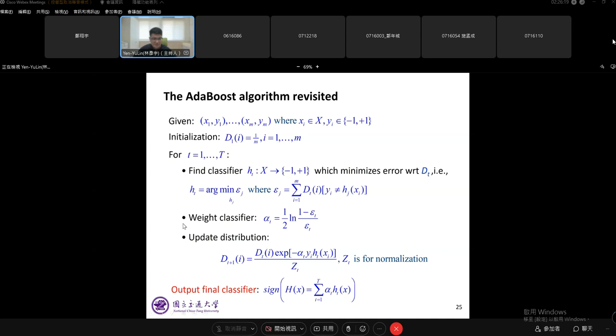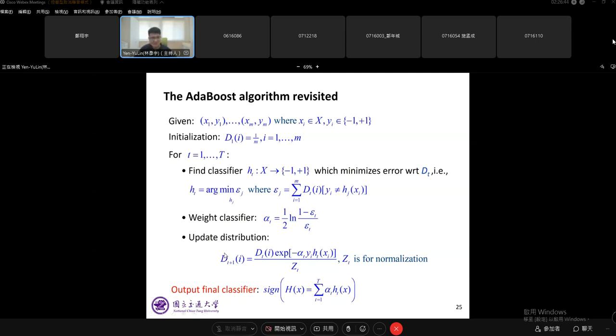There are three important steps at each iteration, and the outputs of the three steps, h_t, alpha t, and D_{t+1}, are all determined to minimize the exponential loss.